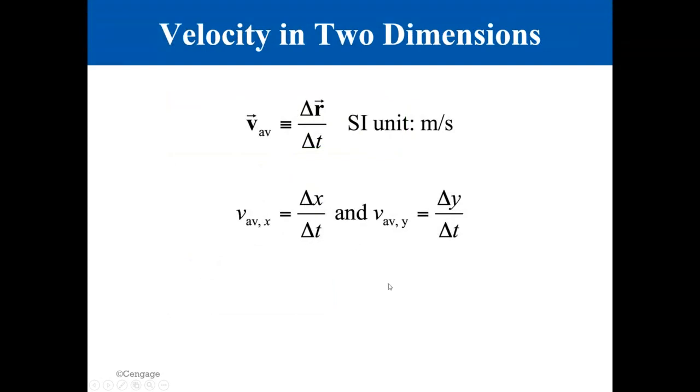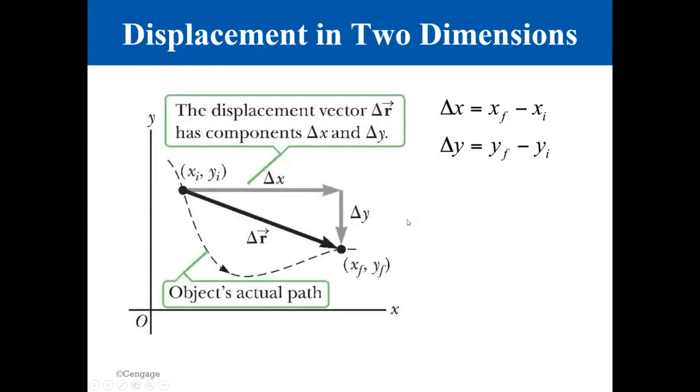The velocity is equal to this displacement per unit time, delta r divided by delta t. The velocity now has two components, one along x and the other along y. So the average velocity along x is delta x divided by delta t, and the average velocity along y is delta y divided by delta t.